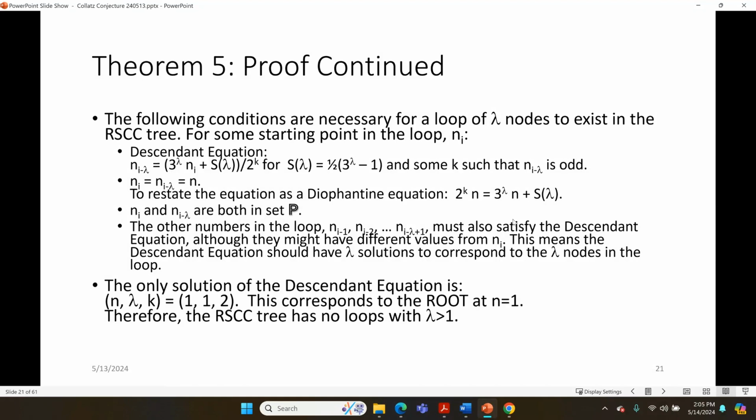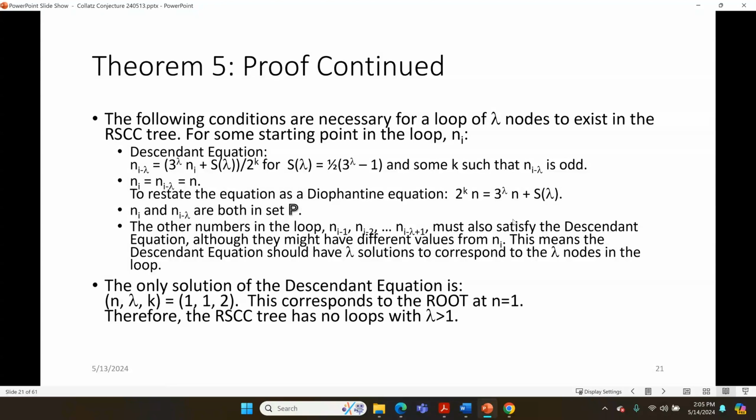The only way that happens is if the root node 1 is the descendant. So we see that the only solution that can apply here would be n equal 1, lambda equal 1, and k equal 2. We'll see a little bit more analysis on the next slide why this is so.